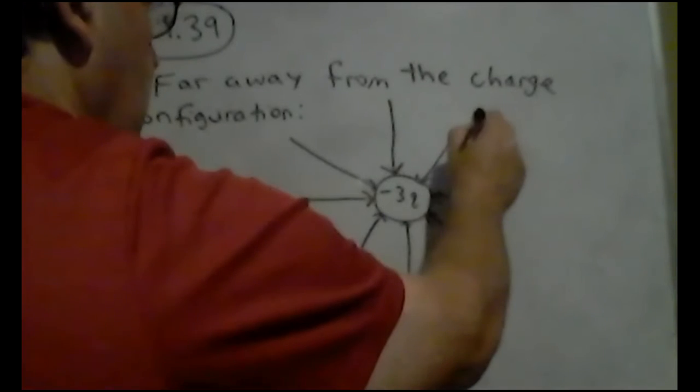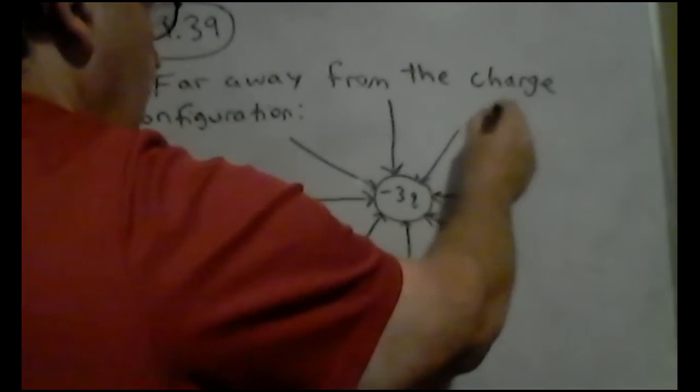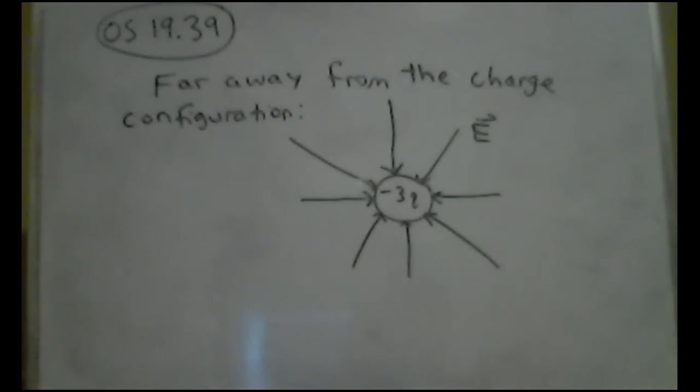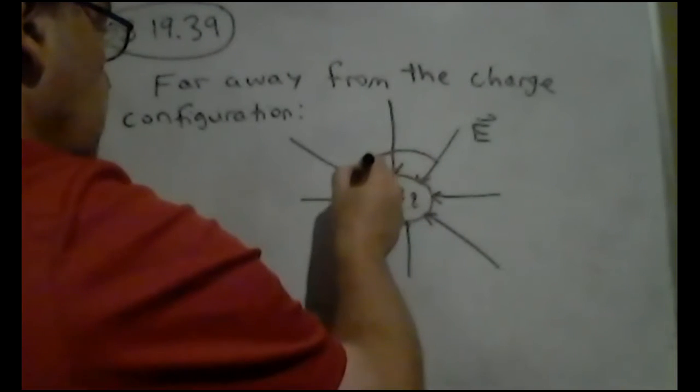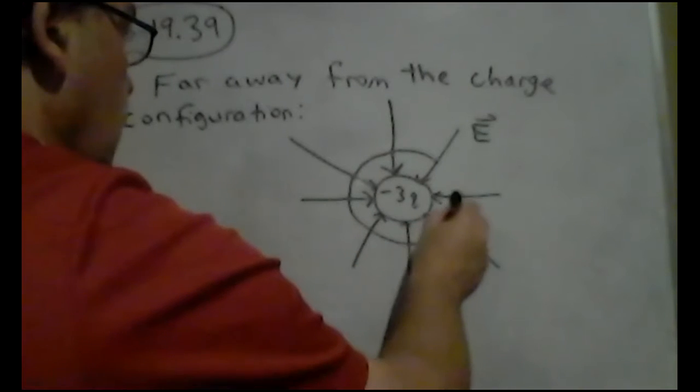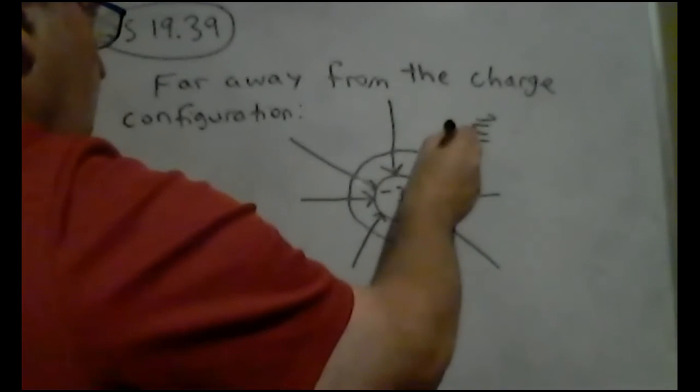There's your electric field. Your equipotential lines always have to be perpendicular to electric field lines, so they form concentric circles. Draw a couple.